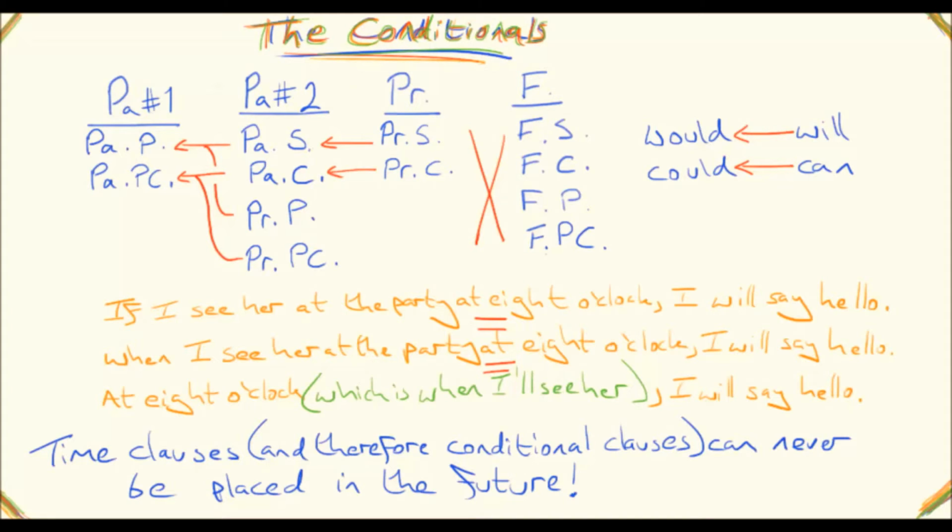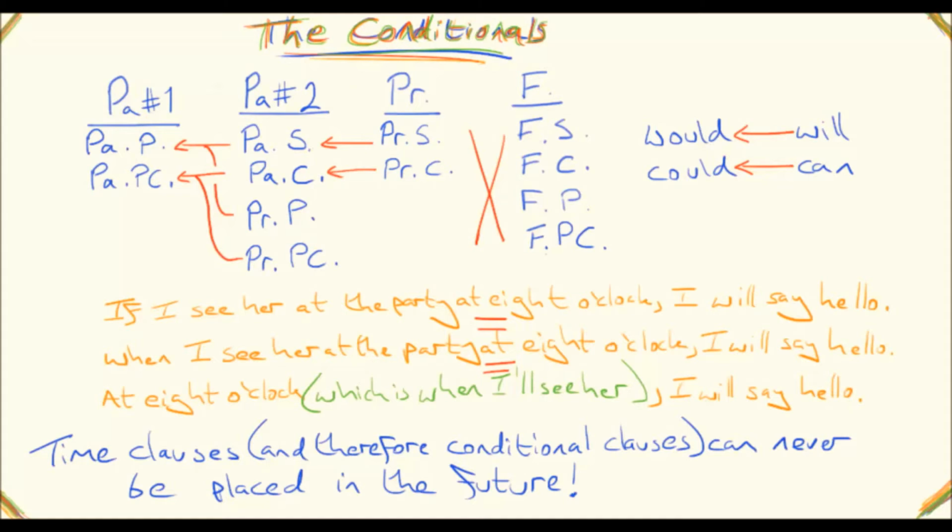If conditional clauses are grammatically the same as time clauses, and we know that time clauses cannot be expressed using a future tense, then it follows that it is not possible to backshift a conditional clause in an unreal conditional from a future time into a present time, because it was impossible to express the original truth of the conditional using a future time to begin with.